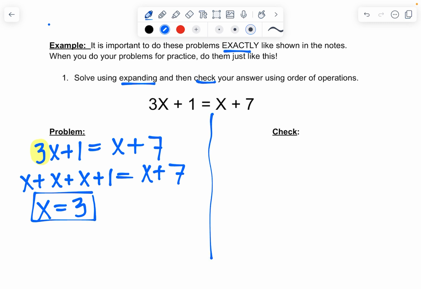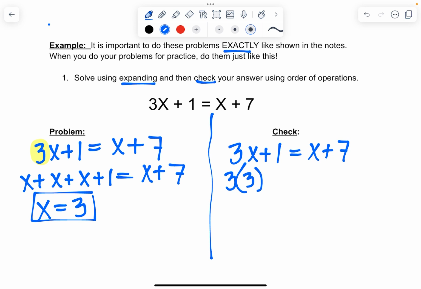I'm going to come to the other side now and write the original problem that they gave you up above. I'm going to take out the x and put in a 3. So I'm taking this x and popping in a 3 for it. Make sure that you use parentheses.